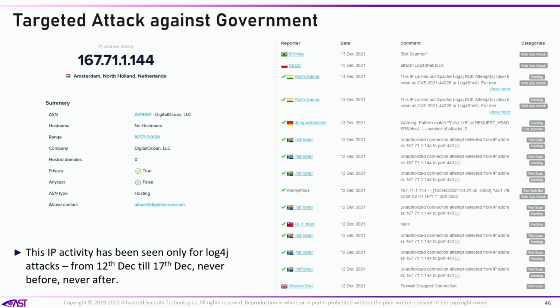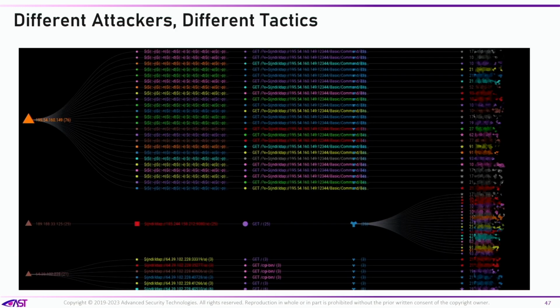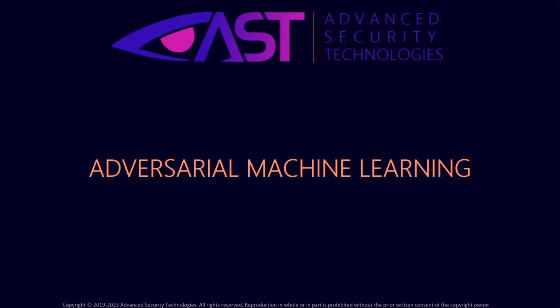And it was using the log4j vulnerability.